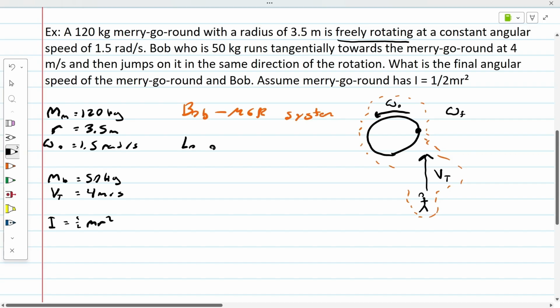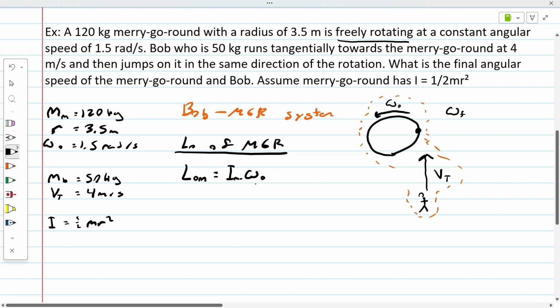So we'll think of L naught of the merry-go-round, and the angular momentum simply equals the I of the merry-go-round times this initial angular velocity, and that's what we're given.